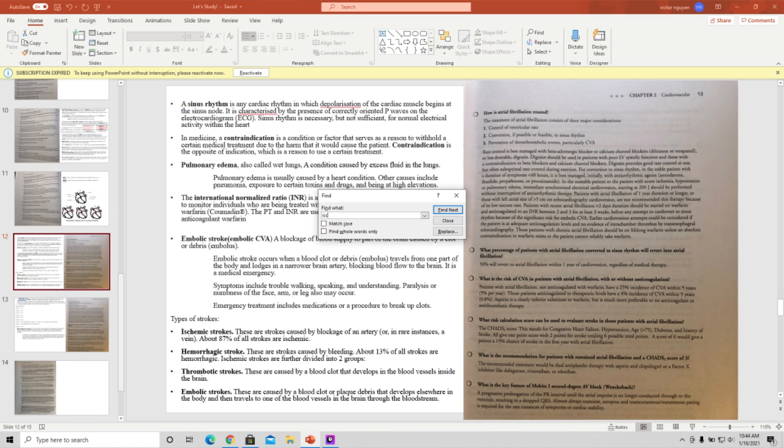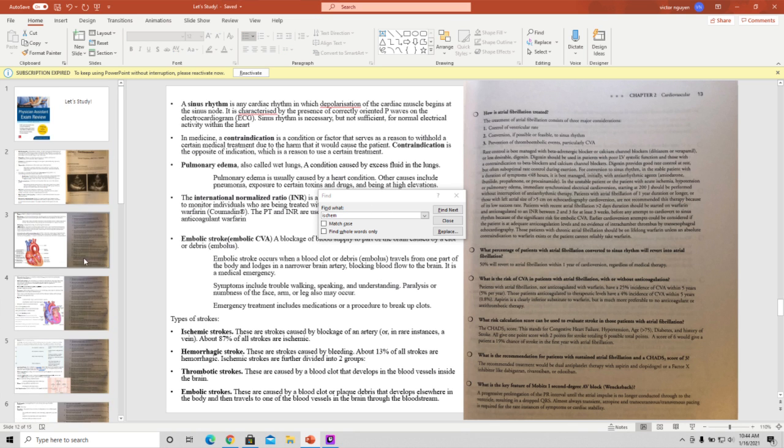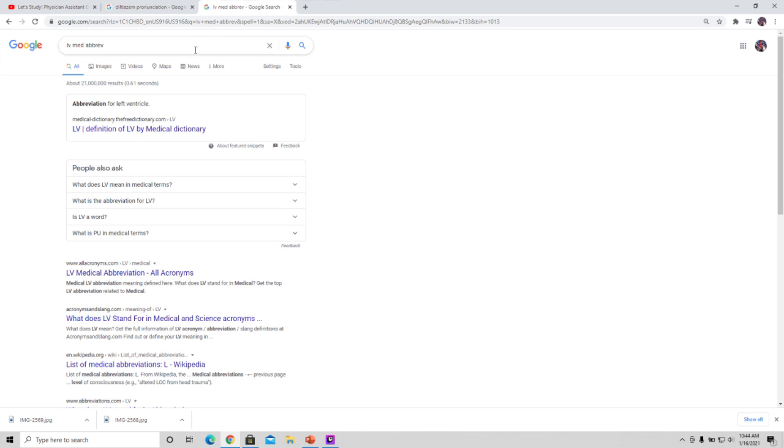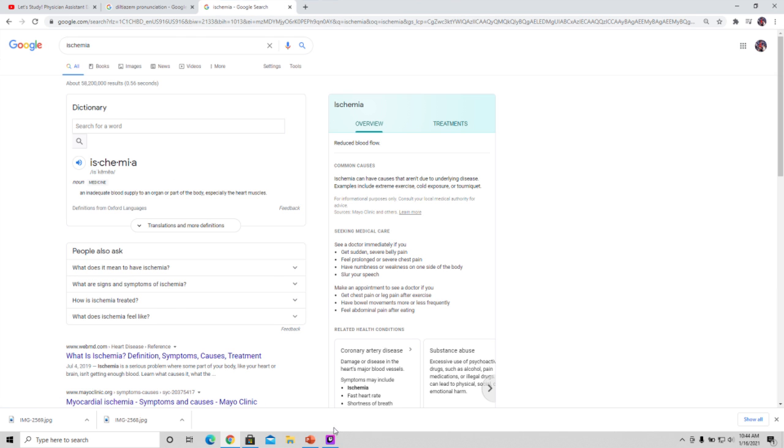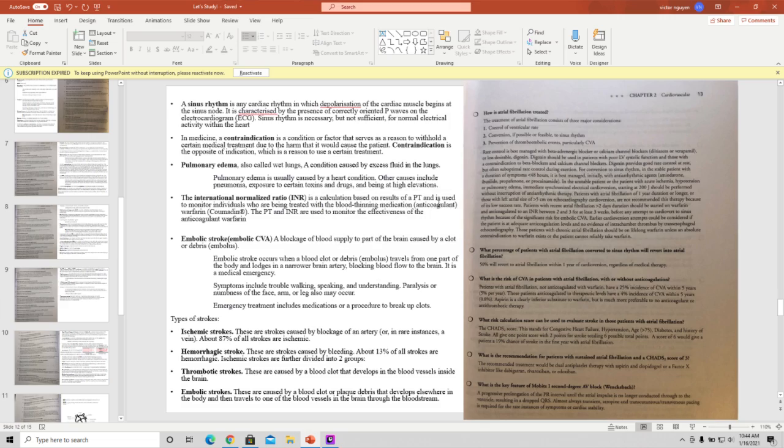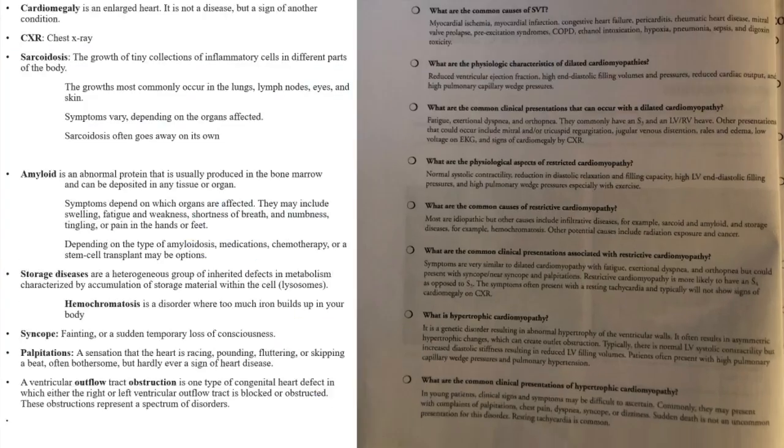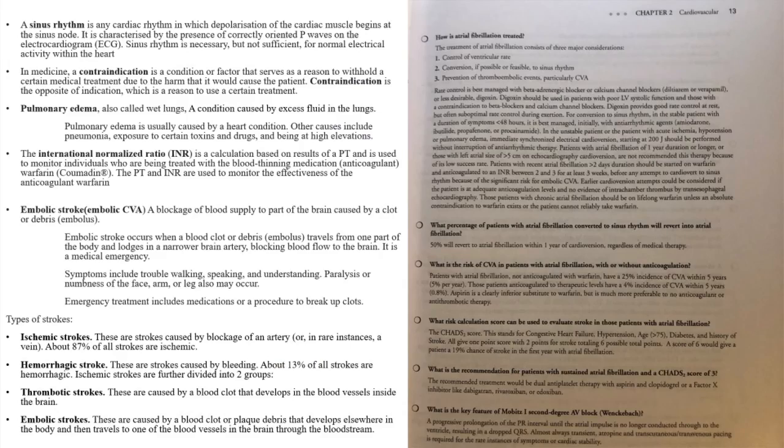It's insufficient blood flow. Pulmonary edema, which is wet lungs, excess fluid.